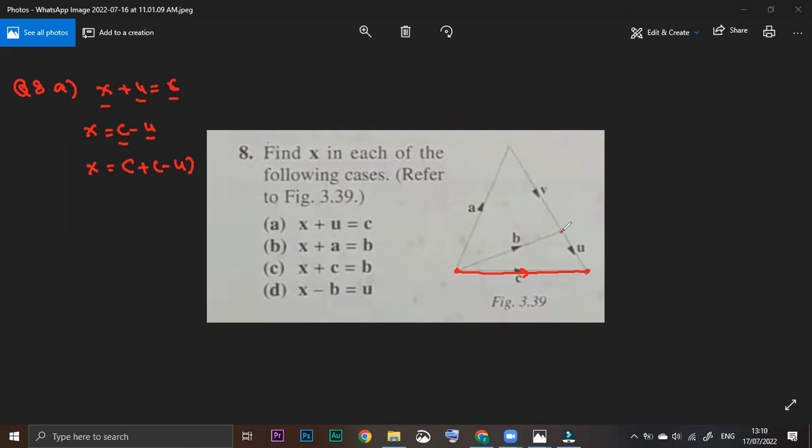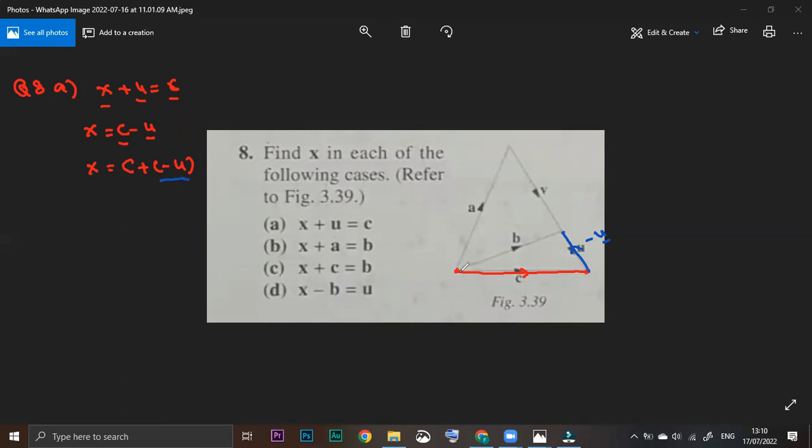This vector is U. But we need minus U because here we have C minus U. We will change its direction to convert this one into minus U. Now you can see that the tail of minus U is at the head of C. So they can be added.